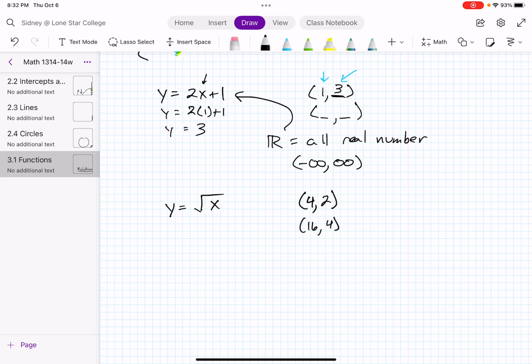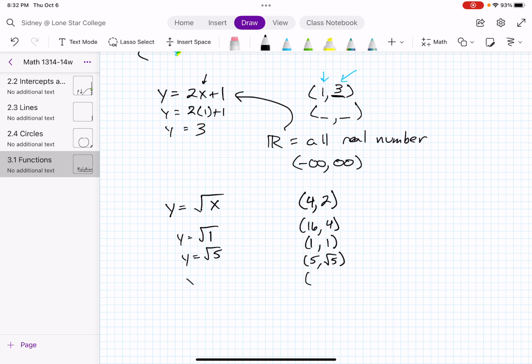If I said x equals 1, y equals the square root of 1, which is 1. These are all fantastic. And by the way, you can plug in ugly things too. You could say, I'm going to plug in 5, and y equals the square root of 5, which, by the way, doesn't come out real nice and neat. And we could only say it's the square root of 5. Those are all fine, but there are some numbers we can't plug in there.